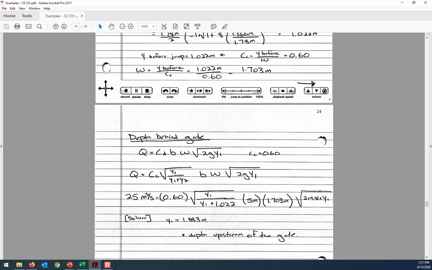Again you'll have to use the solver because Y1 is in the coefficient of discharge and also in the velocity term. So Y1 exists in more than one spot, and upstream of the gate the depth should be 1.883 meters.